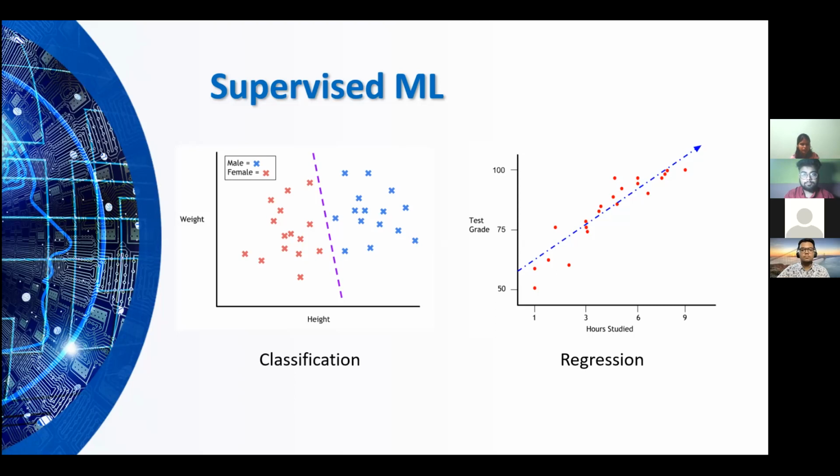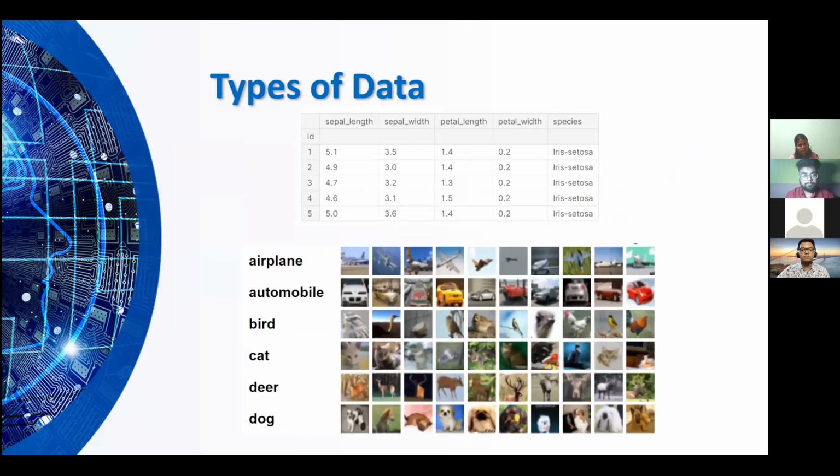So what kind of data are classified or regressed? One can wonder what kind of data there is. There are several kinds. There can be data that has continuous values, such as this particular one, called the iris data, where you have the sepal length and sepal width, petal width, and this determines what type of flower it is. Another kind of data can be image data, where there is a set of images labeled with the name of that picture.